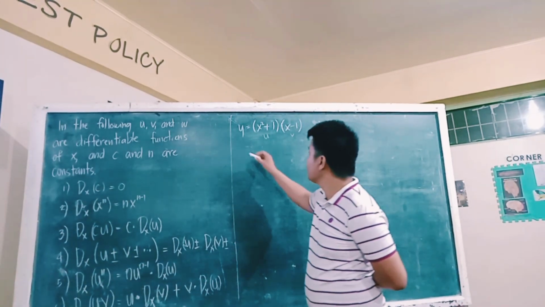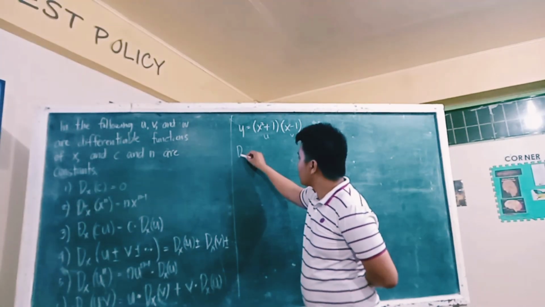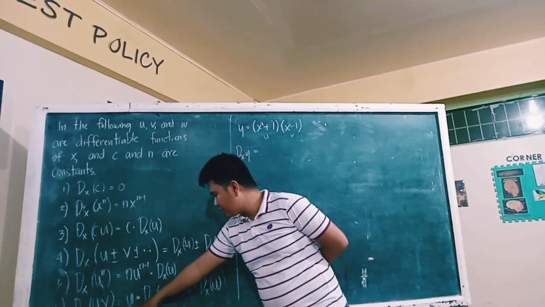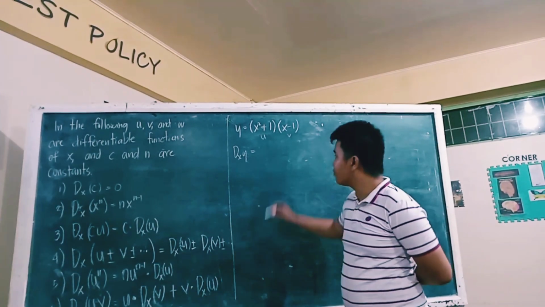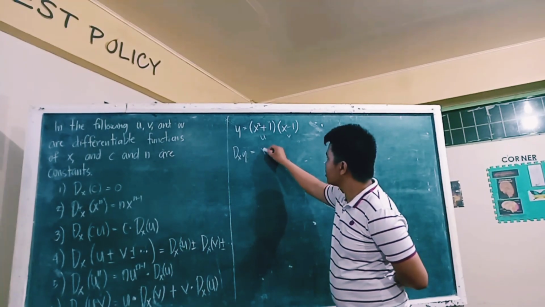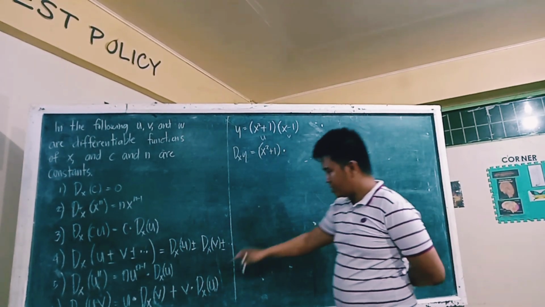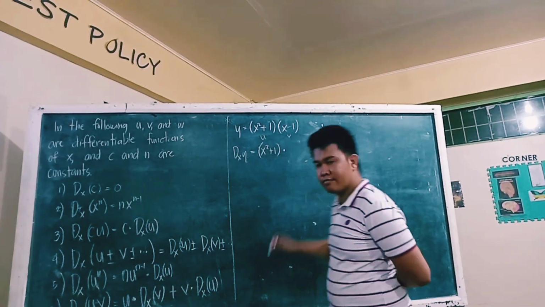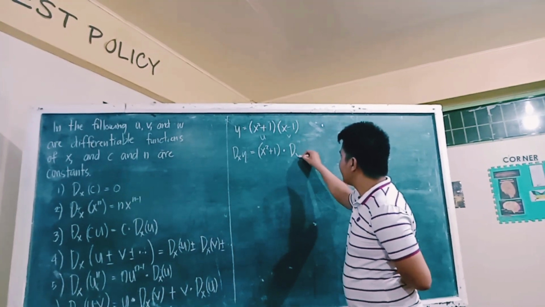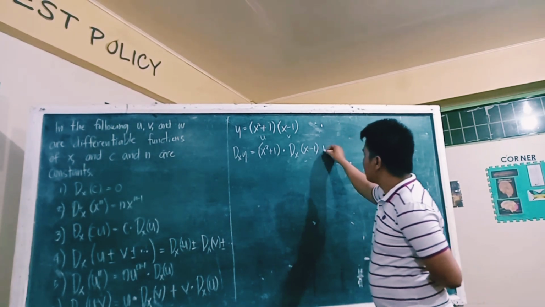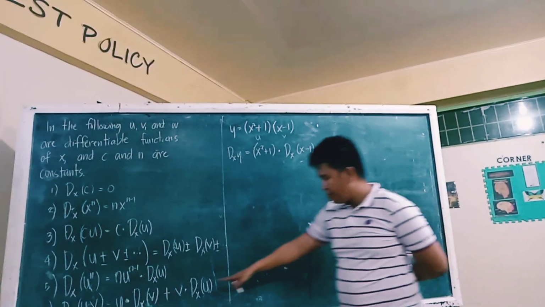So we have the derivative of y. Since in the first term we have u, just copy u here, which is x squared plus 1, times the derivative of v, which is x minus 1, plus we have now v.